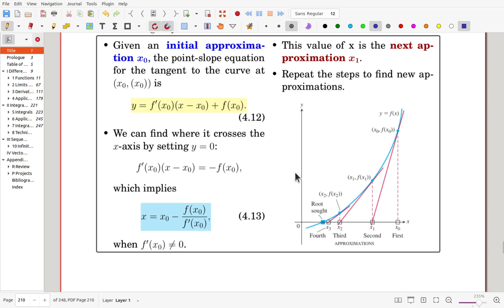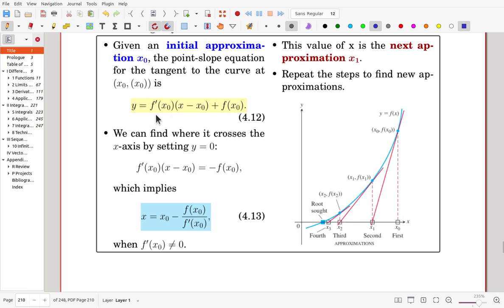Now, we can formulate the Newton method mathematically in this way. Let x0 be an initial approximation. Then we can find f of x0, and once f is differentiable, then we can find f prime at x0.